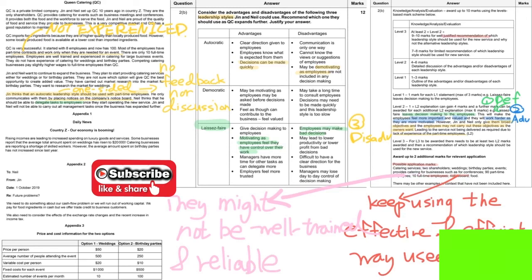So that's why, if I do this case, I would use the autocratic style. I would recommend the autocratic one, because the notice board is very effective, and there are only 10 employees, so I would say they might not be well trained. Okay, so this is my answer.